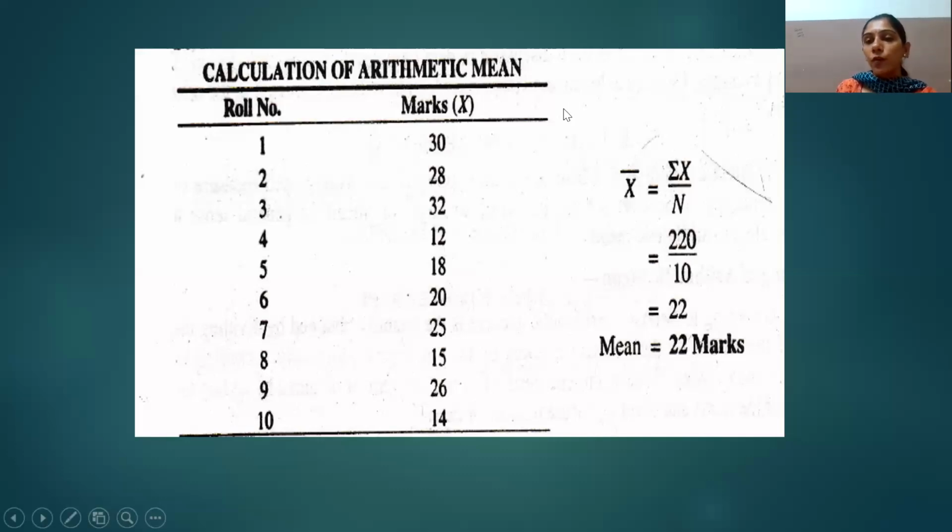When we apply the formula sigma x upon n, we put the value 220 divided by 10. When we do the calculation, the mean value is 22. So the mean marks for the test under which 10 students obtained marks is 22.